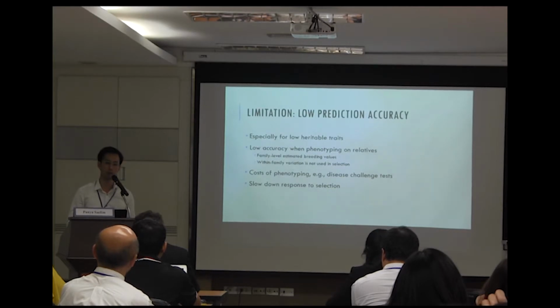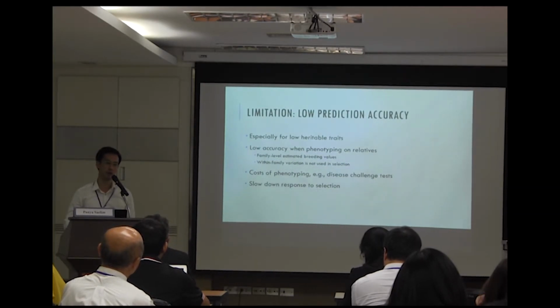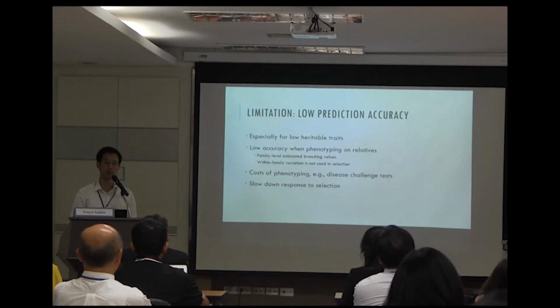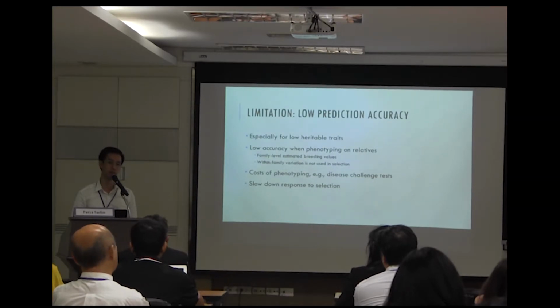So for some traits, you need to improve the accuracy to get a better estimate of the breeding value, and then you can perform better selections. Especially for low heritability traits, sometimes the animal must be in a disease-free environment. Something like the parents of the animal must be in a system where you need to make sure that there is no specific pathogen.